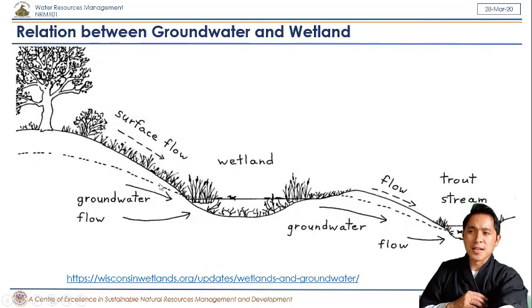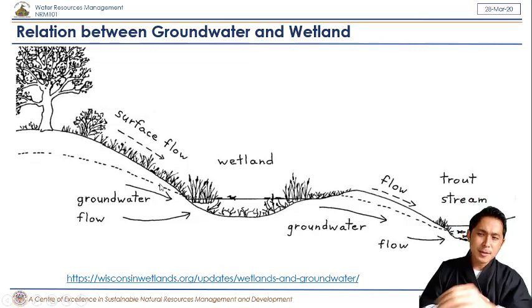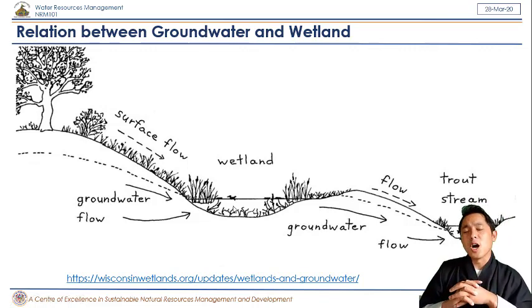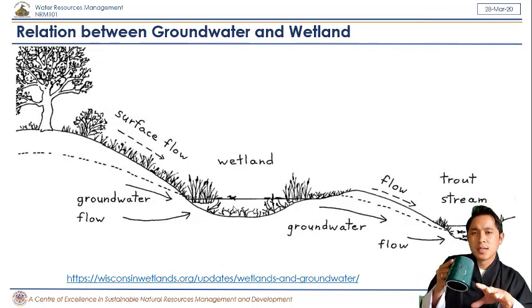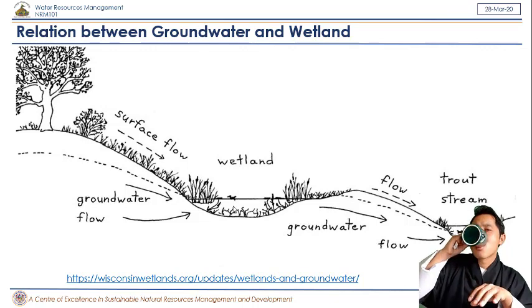These dotted lines are basically groundwater, and it is flowing out of the surface as wetland. So wetland is one of the outputs of groundwater. You can say that, but this is not every time. Spring is the most important output of groundwater, but not the wetland.